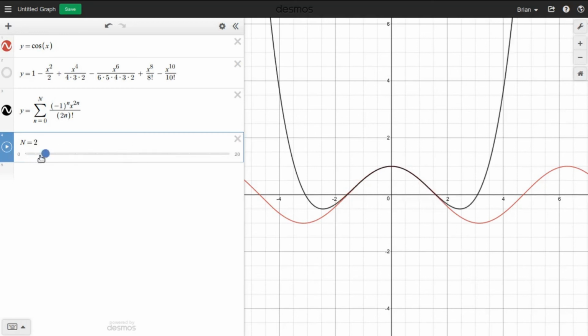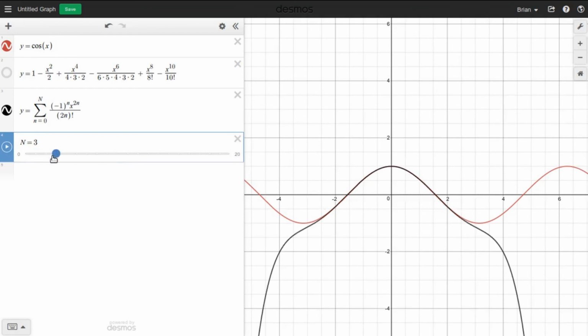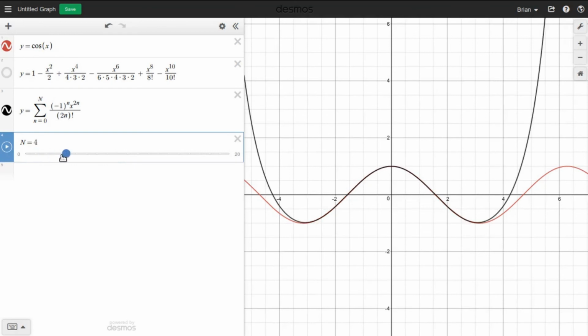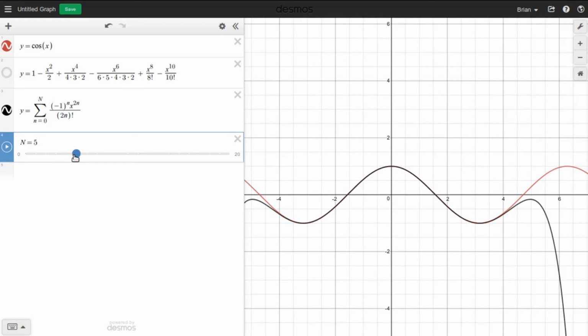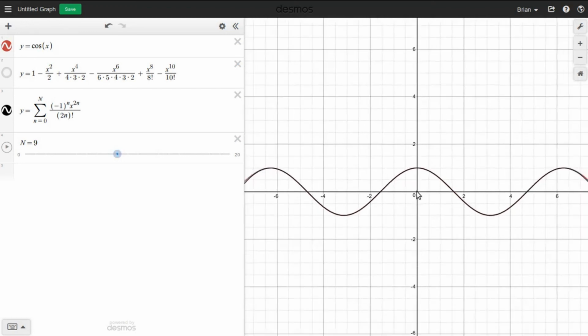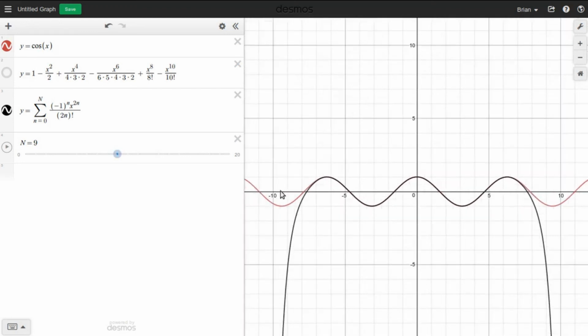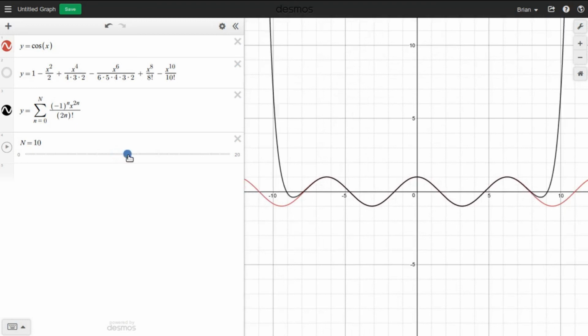Now what will happen if we add one more term? Each time we add a term, we're getting a better fit. So at 9 terms, I'm seeing almost no difference between the two functions here. What if I zoom out? Oh, there's the failure. What if I add more terms?